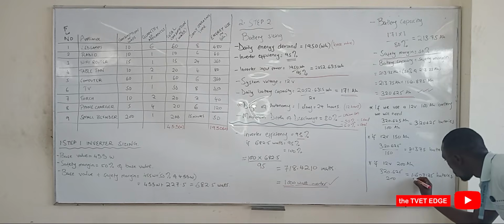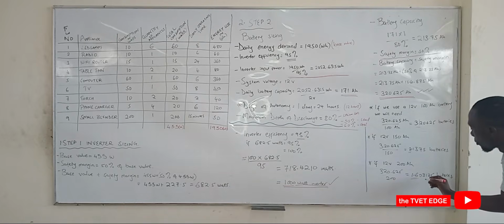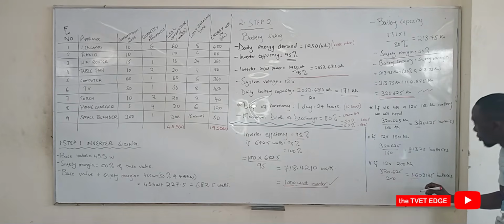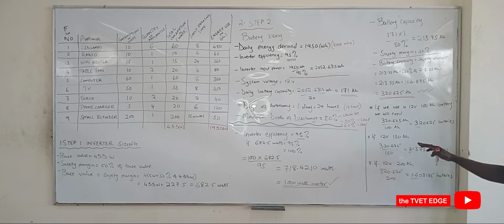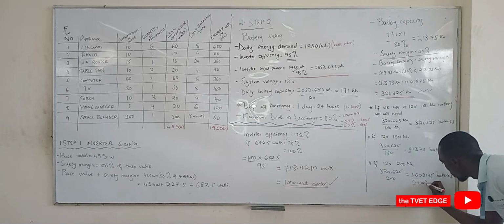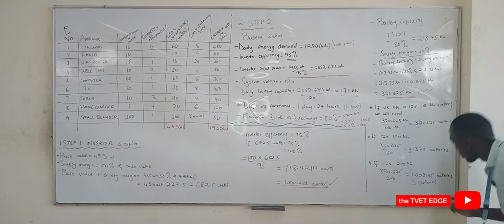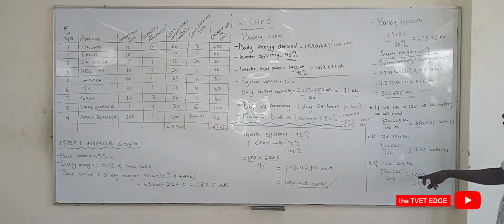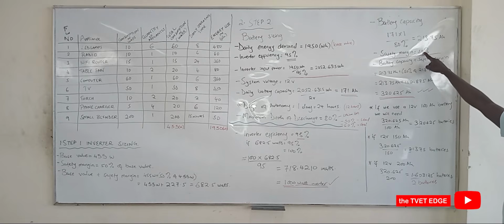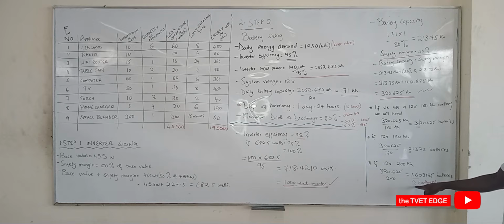Because we've already crossed the mid value of 1.5, the most reasonable assumption here will be to use two batteries, because if we factor in the 0.6 capacity of this, it will take away almost 50% of what we had factored in as safety margin. So for this case, I'll advise you to go higher and use two batteries.